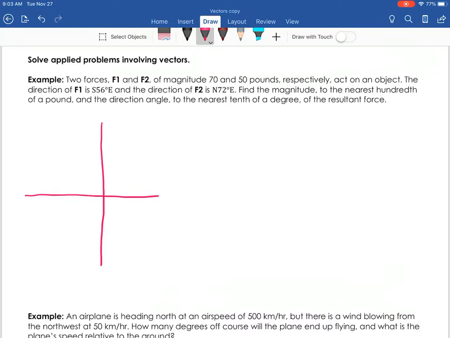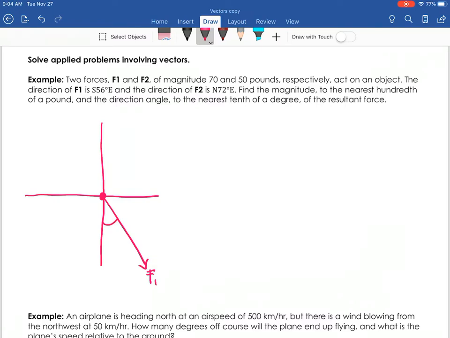Let's see. It gives you information about both forces. It says the direction of force 1 is south, and you swing open 56 degrees. So this is force 1. This is the object that it's acting on. Think of that as the origin.